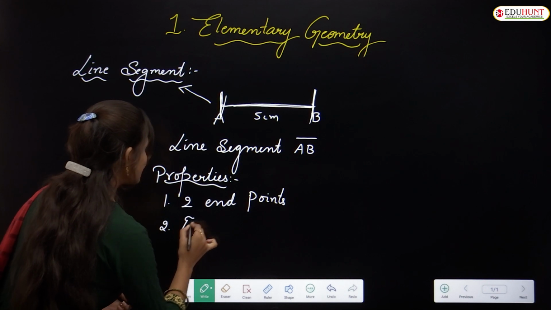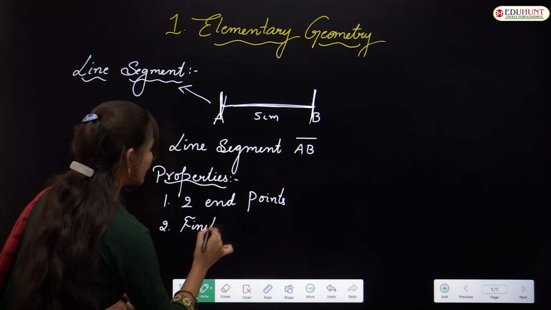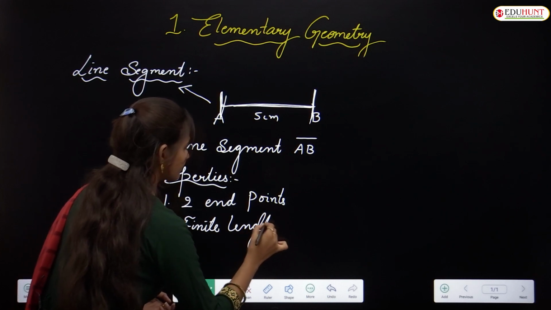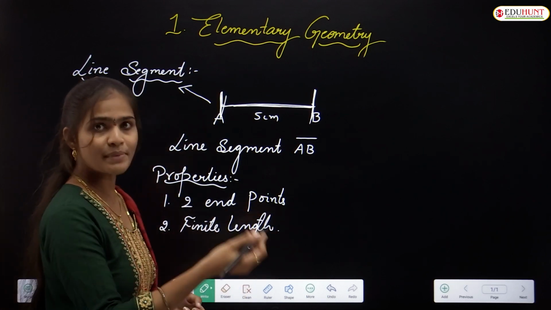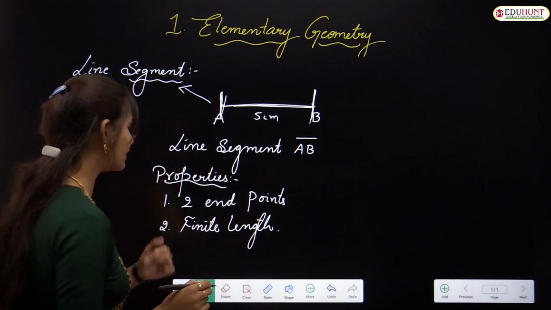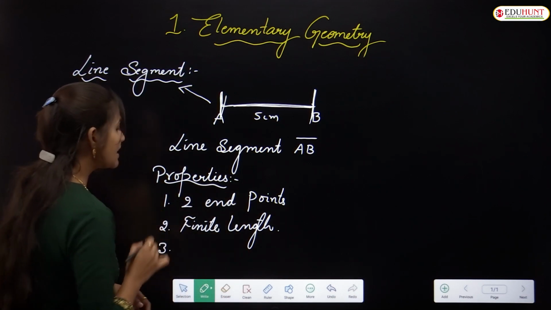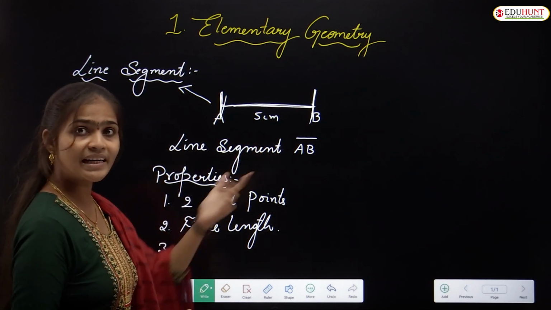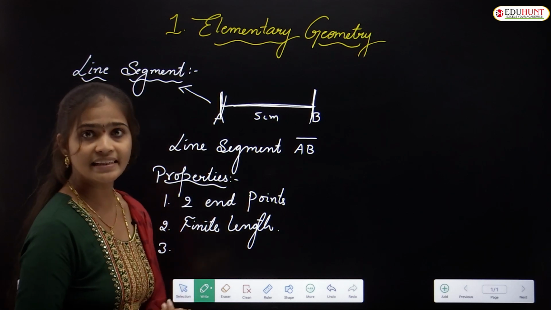So a line segment has a finite length. Okay, why? Because we can measure it. If we cannot measure the length, then it has an infinite length. Afterwards, does it have a length? Yes, we just discussed. Does it have a breadth? No. Does it have a thickness?